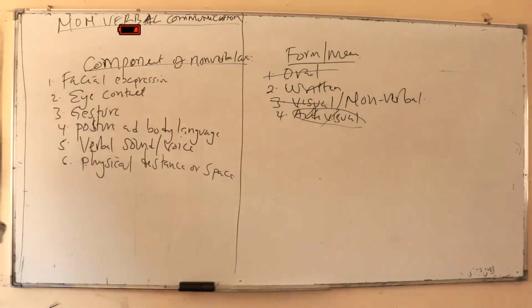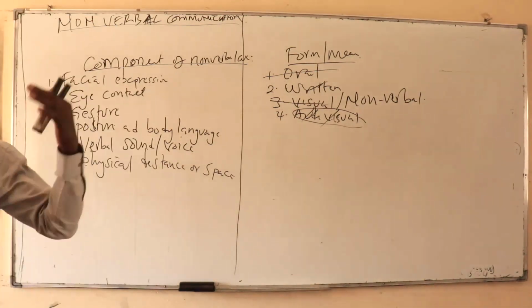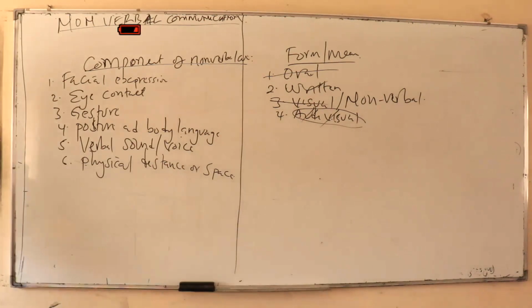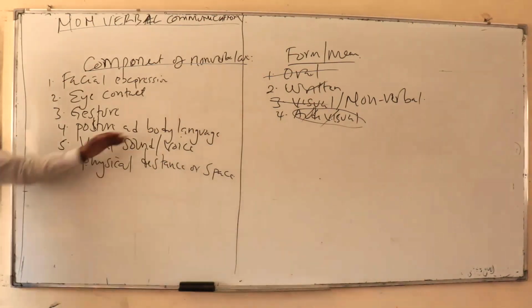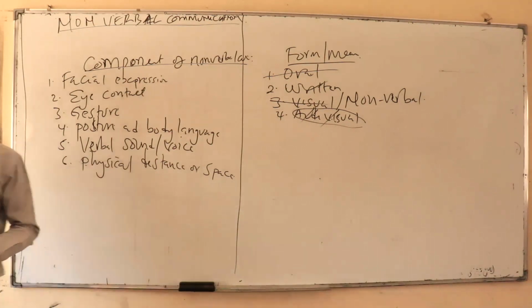Then gesture, the use of gesture, maybe hands, to show some sign, like telling a person don't come. Posture and body language, especially, let's use an example of girls.